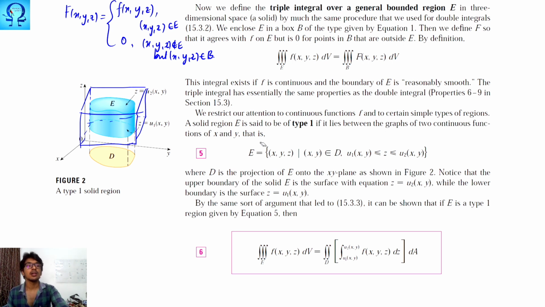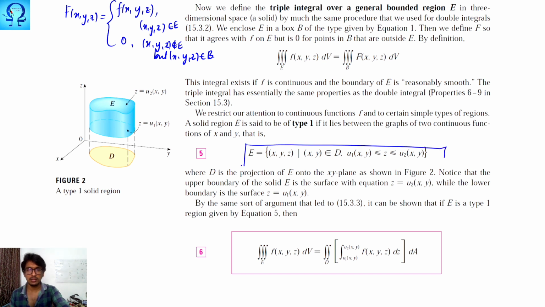Here also we are going to have some type 1, type 2 situations that we will have to identify. Since we are dealing with integration with respect to 3 variables, the first thing is we take x y in some region D, some two-dimensional region that can be anything.